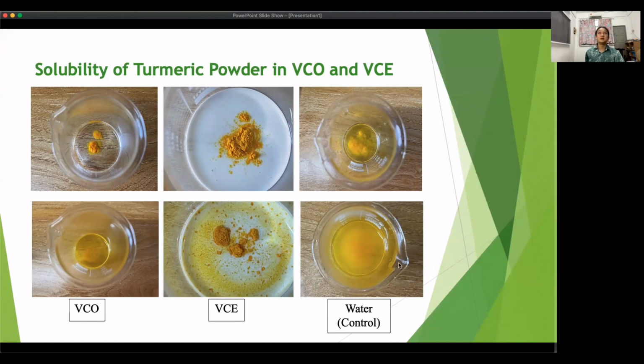It means that the turmeric powder cannot dissolve in water. Overall, all the solubility tests have proven that the VCE was successfully formed as an oil in water emulsion, and no oil phase was shown because it does not allow the turmeric powder to be dissolved, as seen here, and it did not dissolve in water just now.